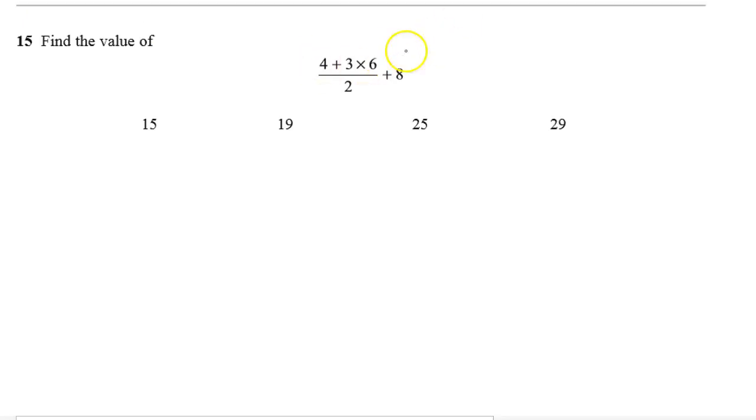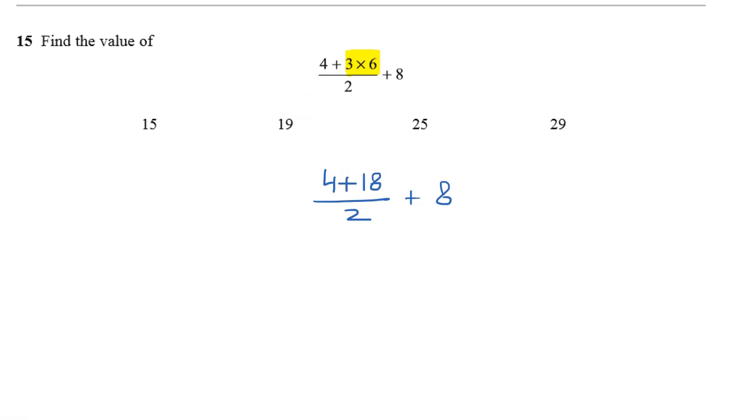Question number 15, find the value. Now first we are going to solve this. So it will be 4 plus 6 and 3 is 18, divide by 2 plus 8.